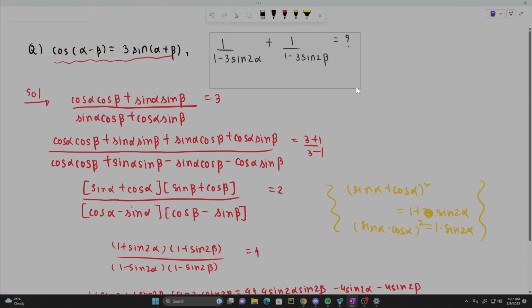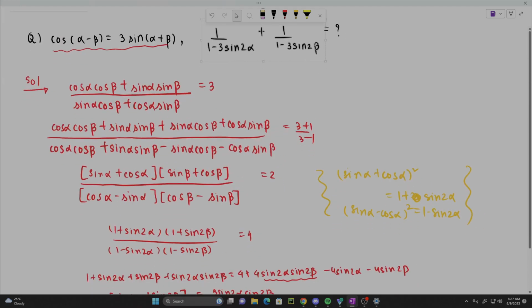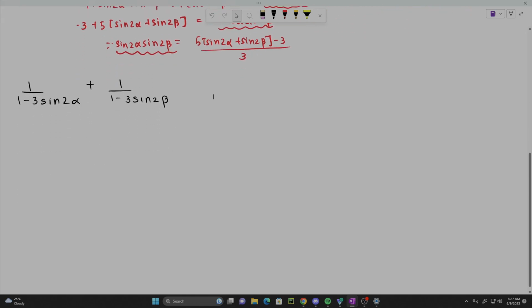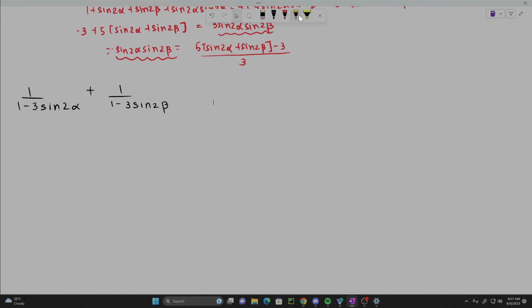And now this expression, I'll just copy paste it. I'm too lazy to write it again. So this expression now, we'll obviously take the LCM for it. I'll just write 2 here.